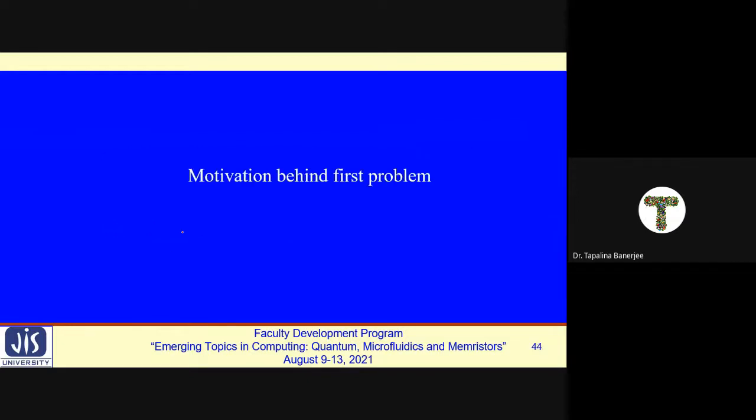First of all, the motivation behind the first problem. W. Thies and their group first proposed a mixing algorithm based on the bit scanning algorithm, or two-way mix algorithm, the TWM method.